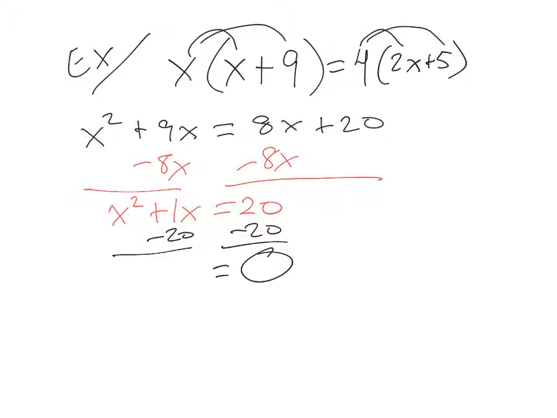So the worst thing you could do is go home and try to practice exactly what we did here. The best thing you could do is understand my goal is I want one side equal to 0. All right. So I get x squared plus 1x minus 20.